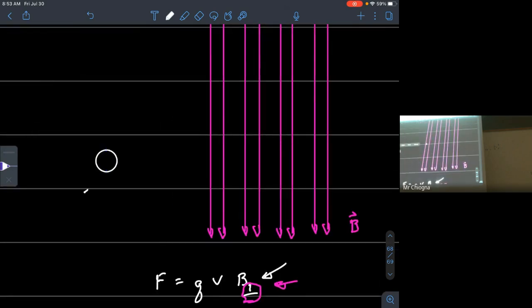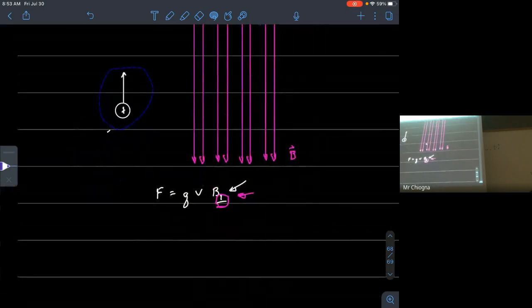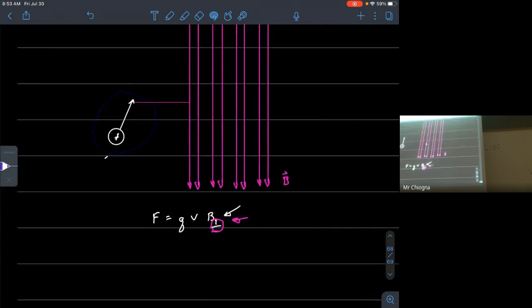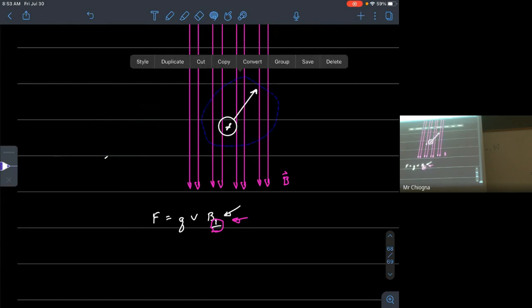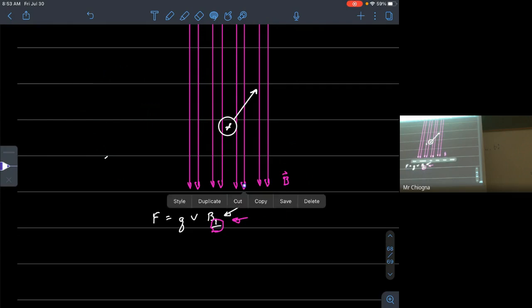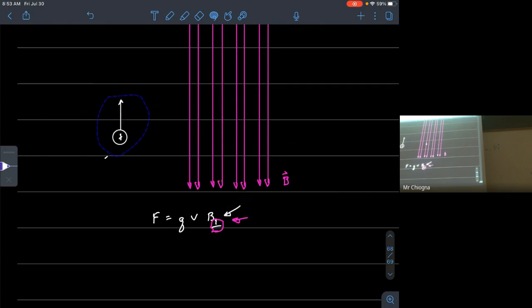So if you had this, watch. As it is, it's parallel. No force is acting. But if somehow it was traveling like that, okay, let's expand it. It was traveling like that.